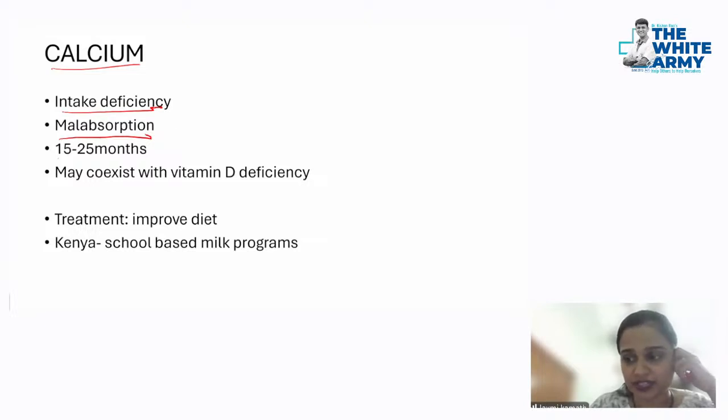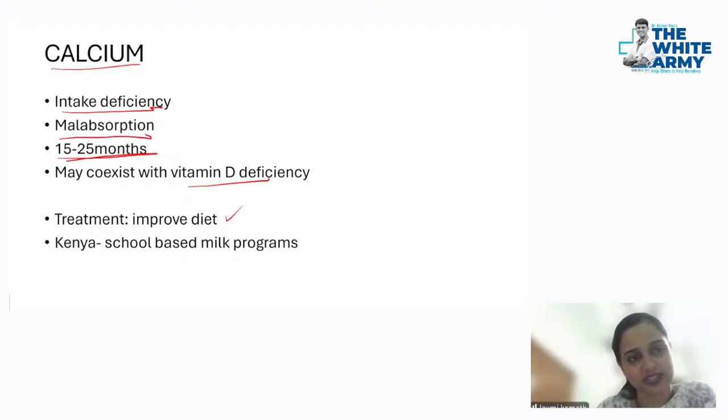That is why calcium deficiency induced rickets presents between 15 to 25 months, because that is the time when the food intake matters a lot. After 1 year, if the child has not been given any dairy products and there is gross calcium deficiency in the food, then this kind of rickets comes up. Generally it coexists with vitamin D deficiency. Treatment is improving the diet.